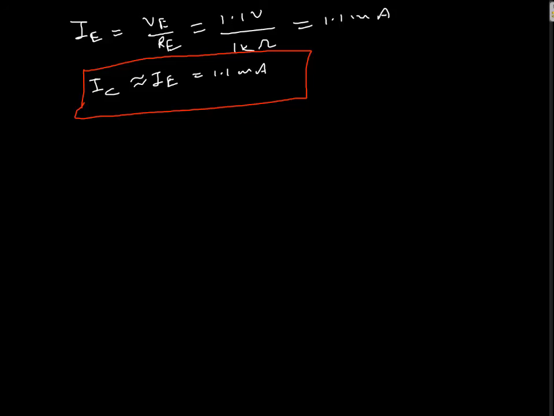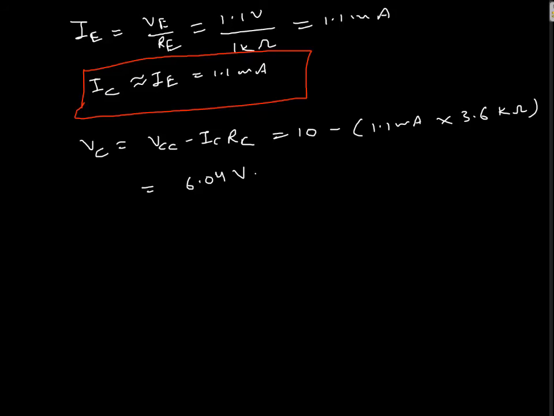Now the second one is VCE. For VCE, first we need to know the value of VC. VC is nothing but VCC minus ICRC, which is VCC 10 minus IC 1.1 milliampere times RC given as 3.6 kilo ohm. Again, if you solve this, we will get VC equals 6.04 volt.